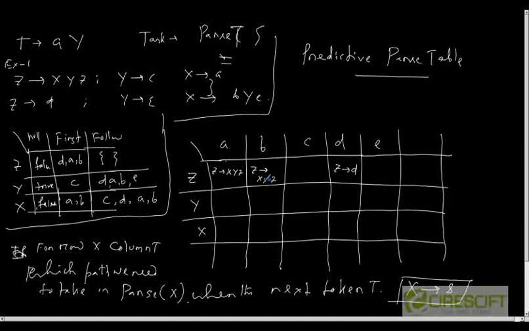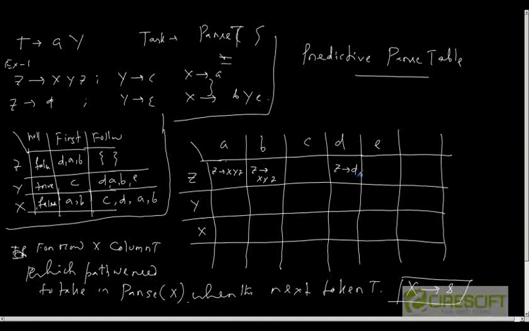First of XYZ will be first of X, and first of X is A, B. So if you get either A or B, then you apply the rule Z is XYZ. If you get a D, then you apply the production Z arrow D.